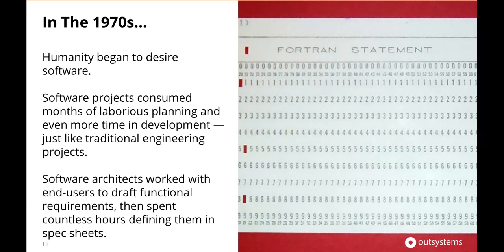It was about defining a specification, then working incredibly long to make that specification a reality, and then finally presenting the project to the clients, the end users, the customer.